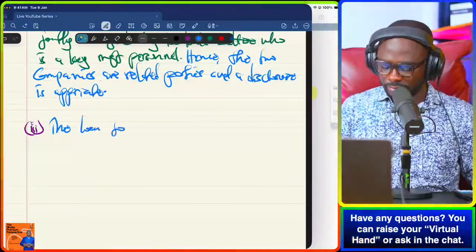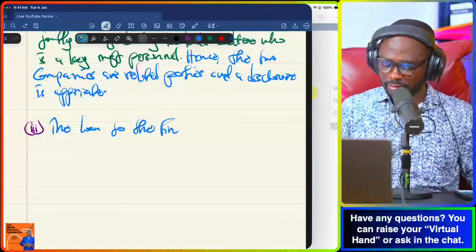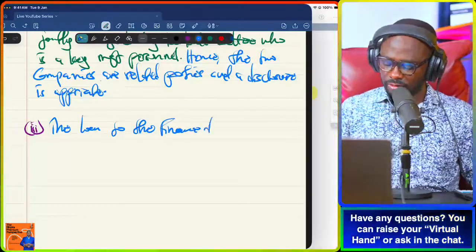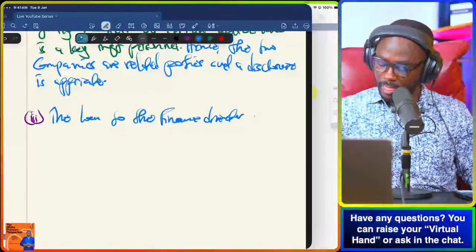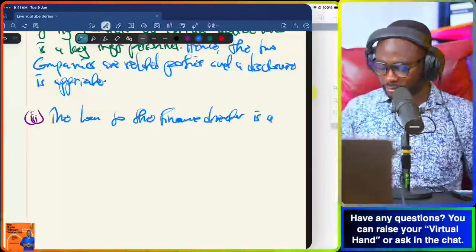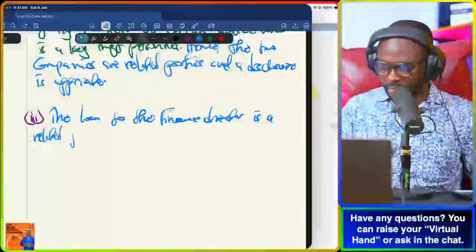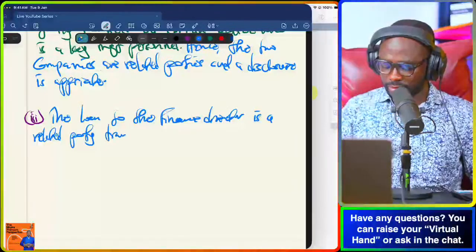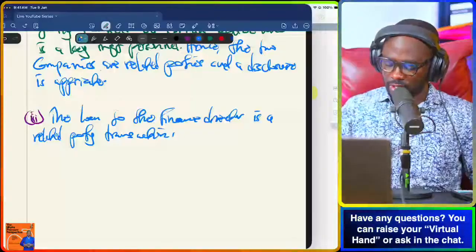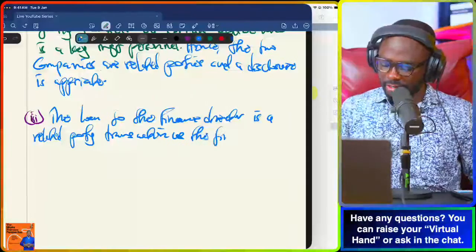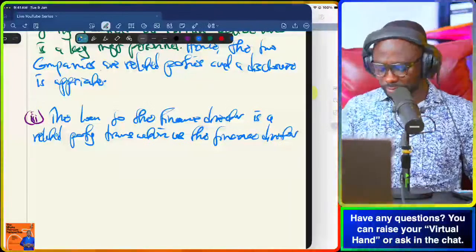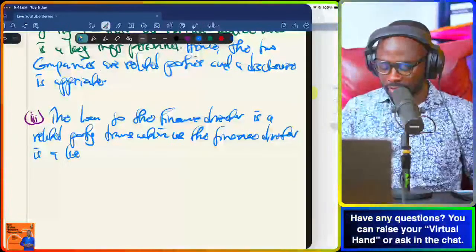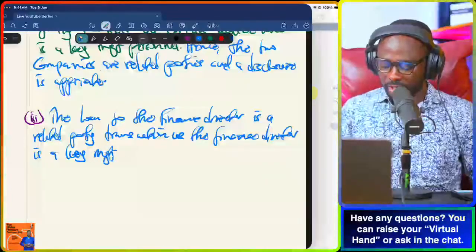The loan to the finance director is a related party transaction, as the finance director is a key management personnel.